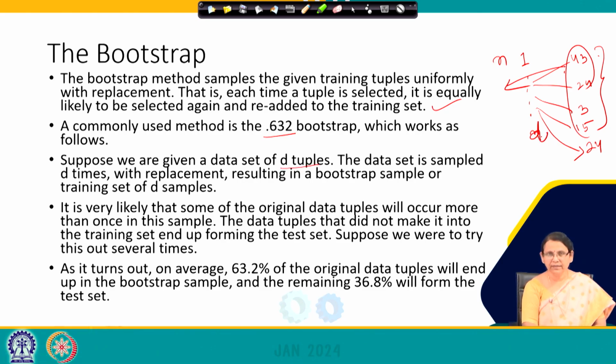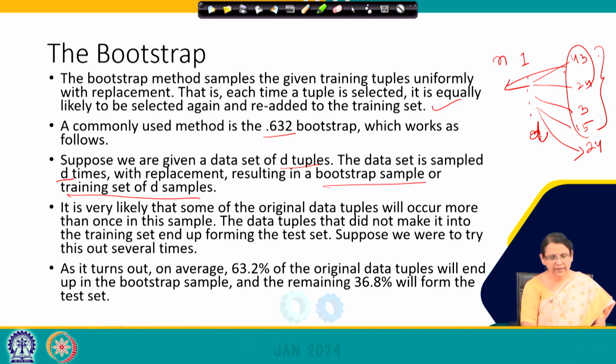If you sample this data set d times with replacement, that is, you bootstrap and resample it d times, the resulting bootstrap sample, or training set, will have exactly d samples.